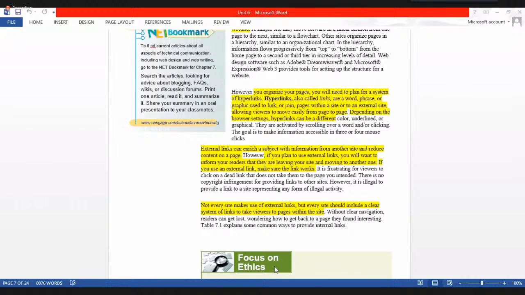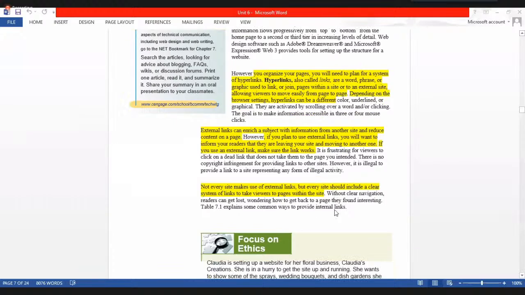So whatever site the viewers are using, every site must have certain links, so that the viewers can see different pages within the site, and thus they can enrich the related information.